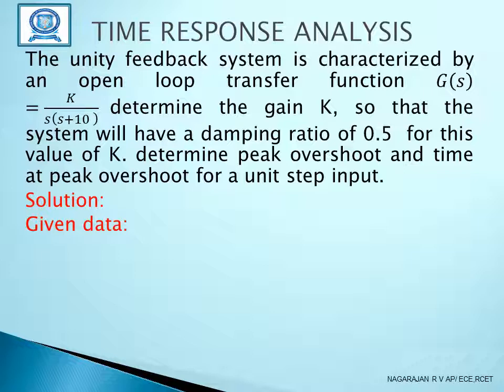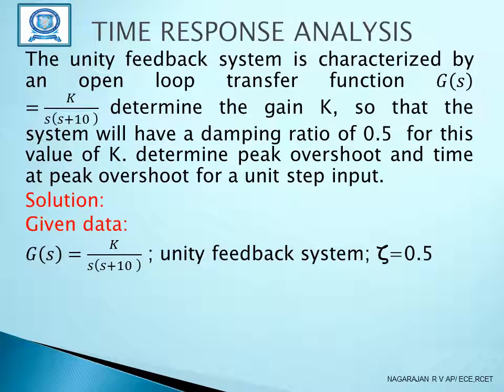These are the given data. So G(s) is equal to K divided by s into (s plus 10), unity feedback system, and damping ratio zeta is equal to 0.5.